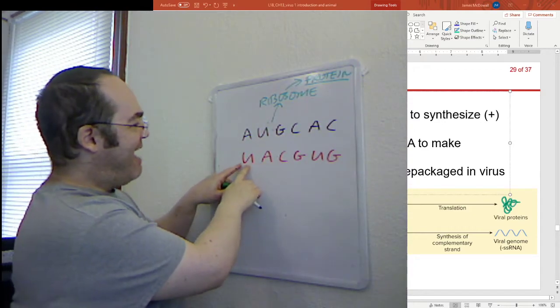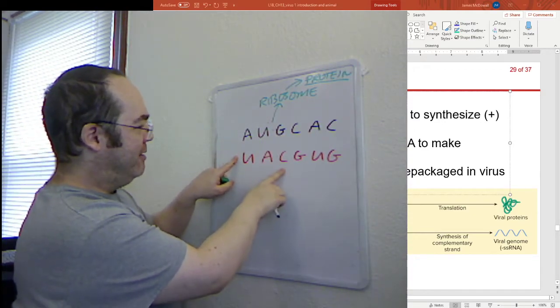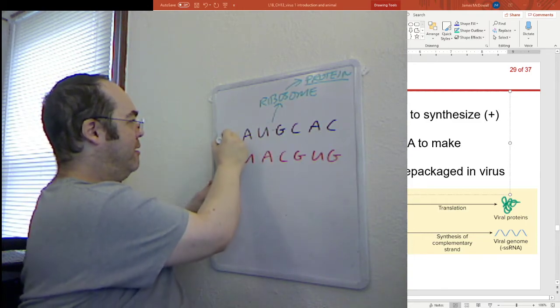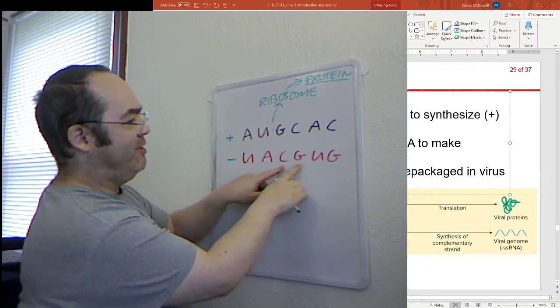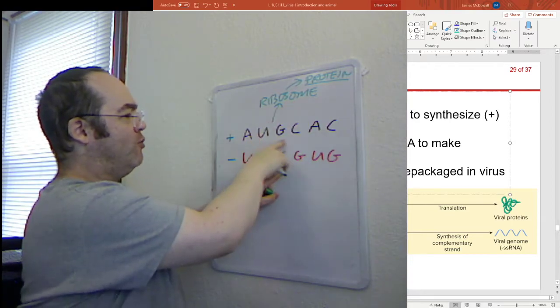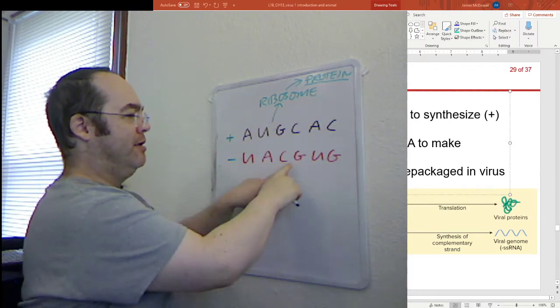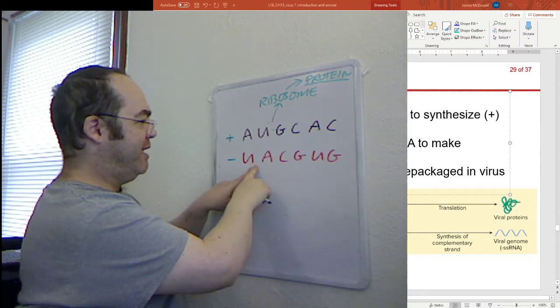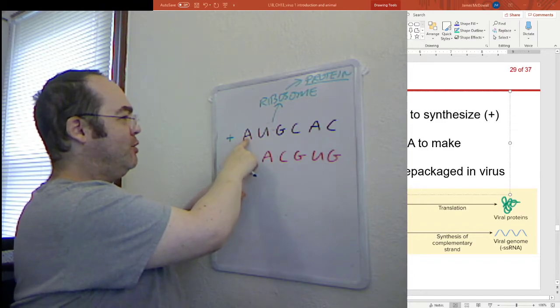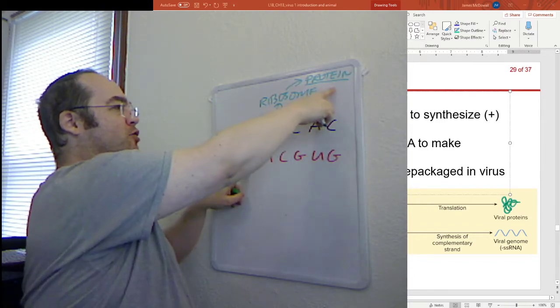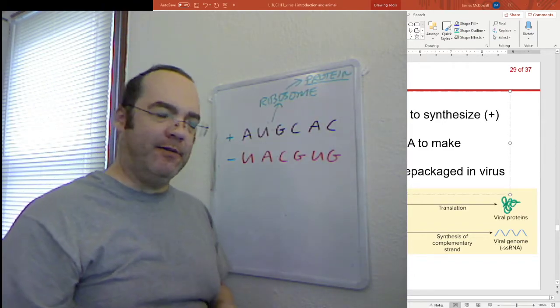You'll see if we have the complementary strand, let's call this one the negative sense strand, you can't send this directly into the same ribosome because it won't build the right protein. UAC is a different codon to AUG, which will call for a different amino acid.